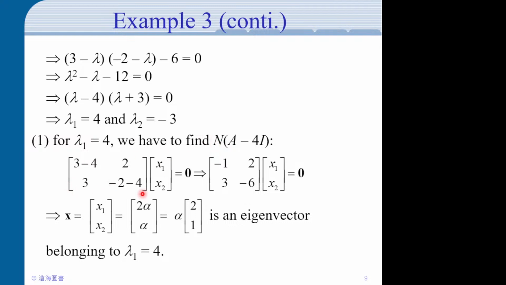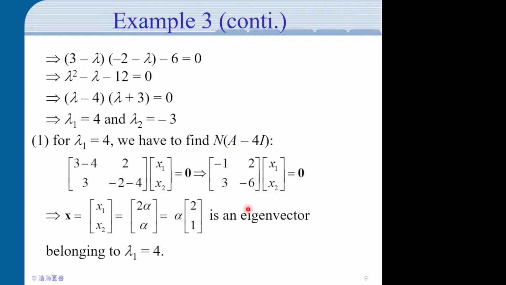You just say this matrix times (x1, x2) equals 0, and you do Gaussian elimination, etc. But I guess here we are being lazy. So our A minus 4I is [minus 1, 2; 3, minus 6].